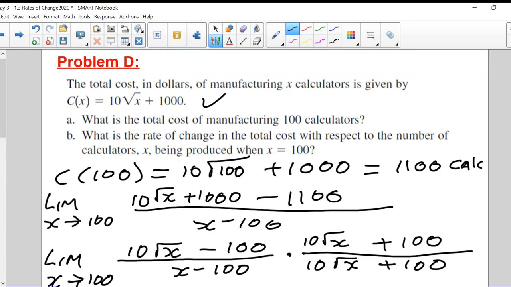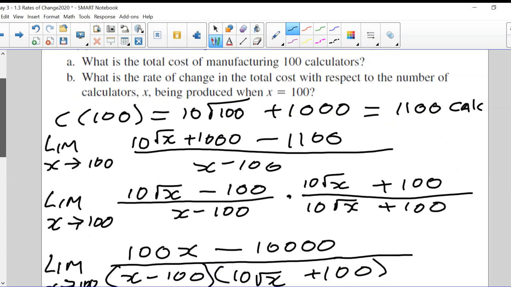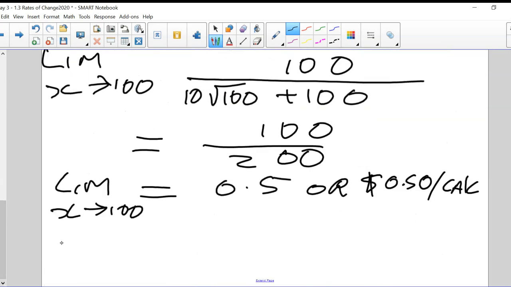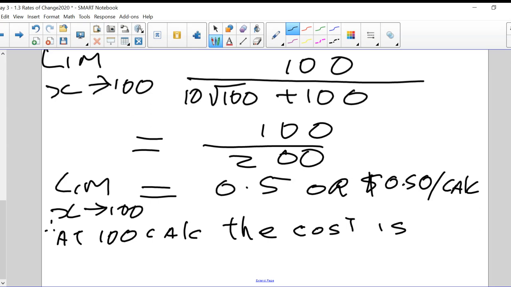So the cost, let me put this in a statement before anybody, and I'll put the therefore there, Danny. Don't jump on that. I'm going to deal with it. So the rate of change at producing a 100th calculator. So at 100 calculators, the cost, therefore at the 100 calculators, the cost is rising at 50 cents per calculator.